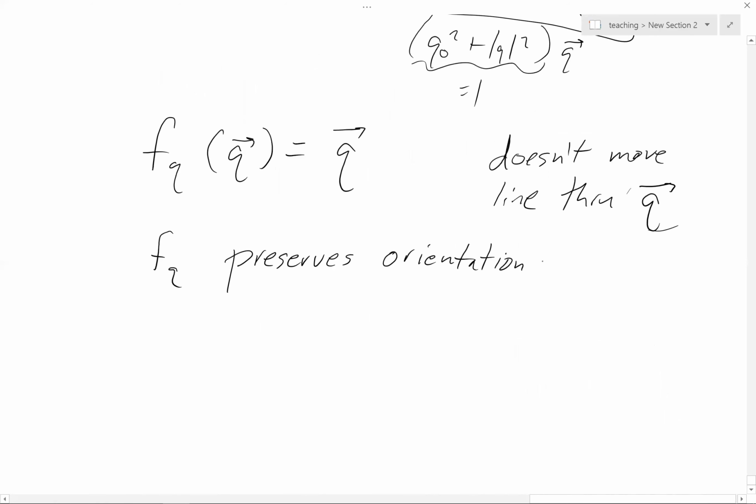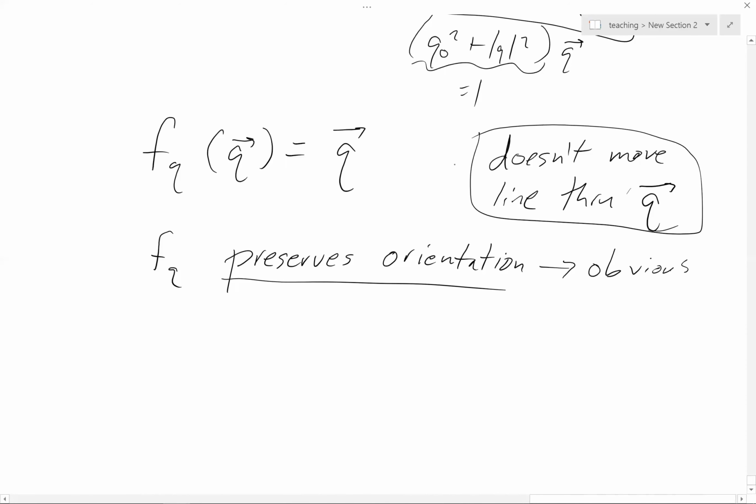If you knew a little bit more math, this is obvious, but it's not obvious right now, so I'm not going to talk about it. Reflections, of course, if you take the mirror image of something, flip the orientation. So whatever this is, it has to be a rotation or reflection, but because it preserves orientation, it's not a reflection. So whatever this map is, it has to be a rotation about the line through Q.